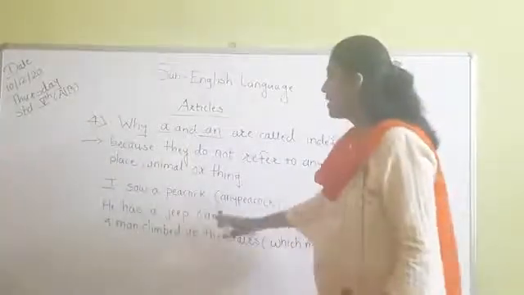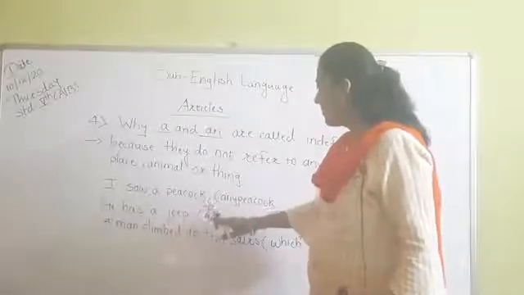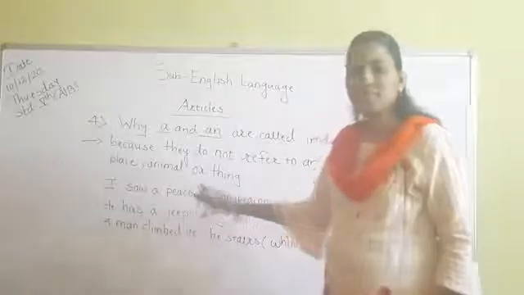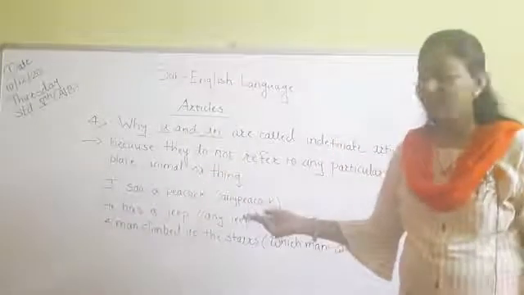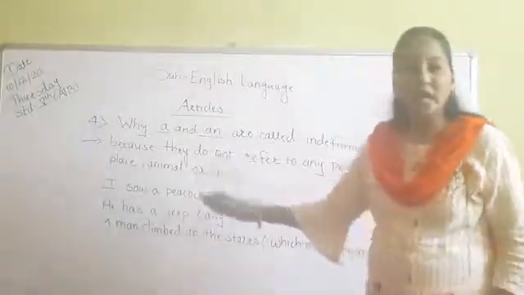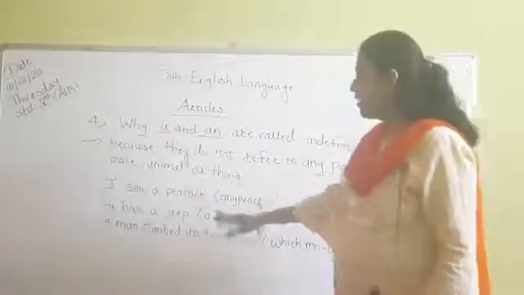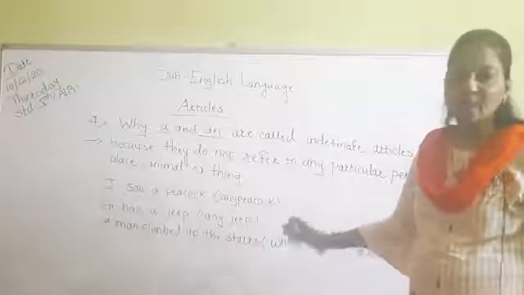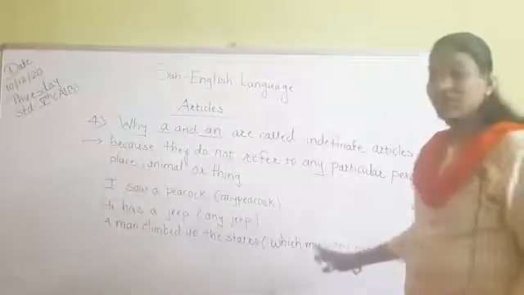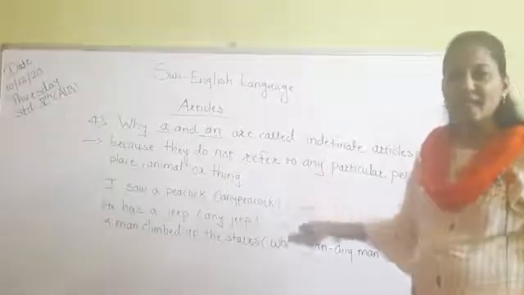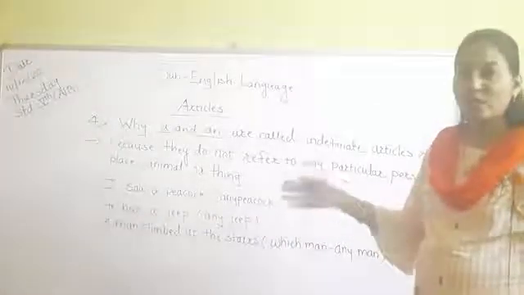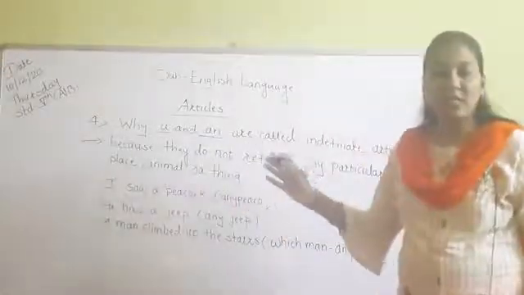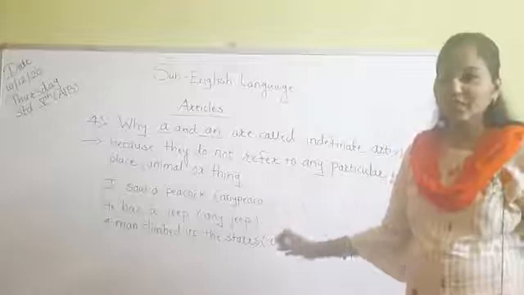He has a jeep means any type of jeep. We have not mentioned its brand. A man climbed up the stairs. Which man? We have not mentioned here, so we are talking about any man. The particular person, animal or thing is not mentioned here.